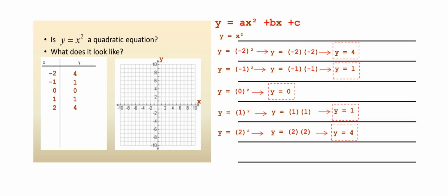The values, we can now graph them on our graph area. Okay, so now that we filled them in, we can try sketching them. There's our first coordinate or point that we draw, -2, 4. Next one, -1, 1, 0, 0, 1, 1, and 2, 4.